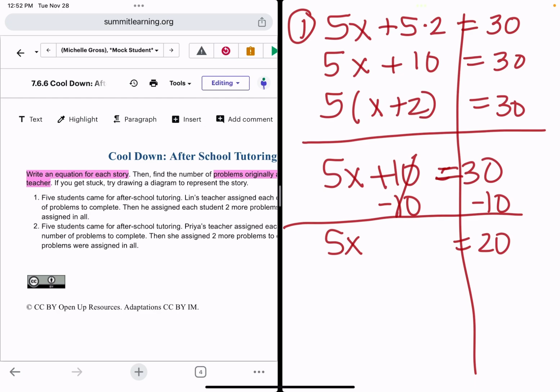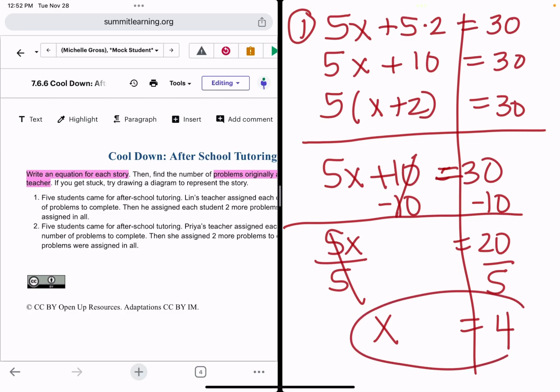So honestly, the answer there is 20. But if we wanted to go ahead and finish it off, we could figure out how many Lynn's teacher assigned to each student. So if we divide by 5, that would tell you how many Lynn's teacher assigned to each student originally, and it would be 4. So originally, Lynn's teacher assigned 4 problems to each student, and then assigned 2 more to each student.